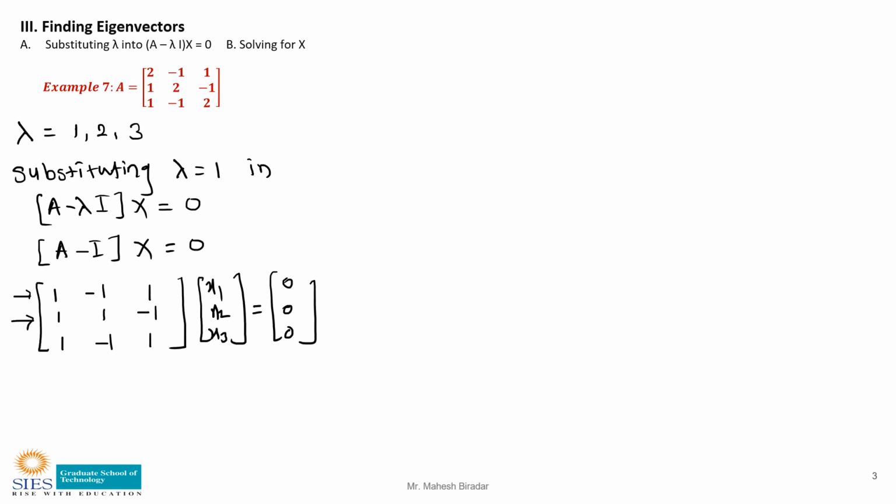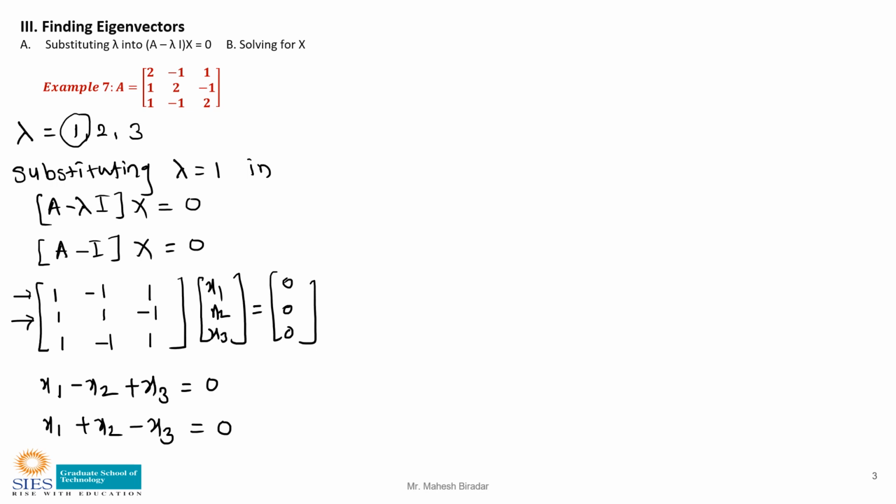So I'm going to take here first and second. I'm going to simplify it. x1 minus x2 plus x3 is equal to 0. And x1 plus x2 minus x3 is equal to 0. Definitely we can use Cramer's rule if eigenvalue is not repeated.